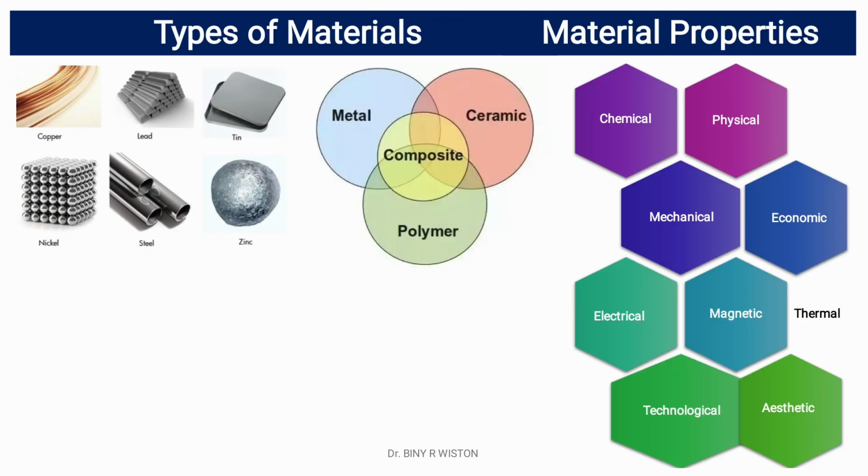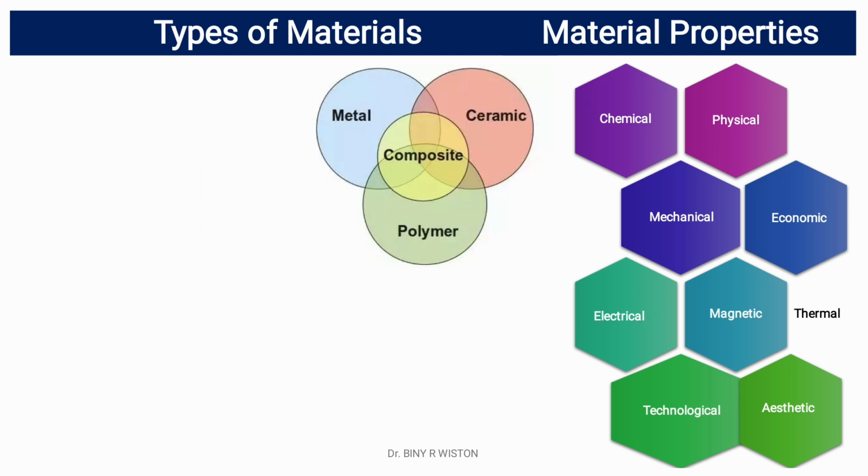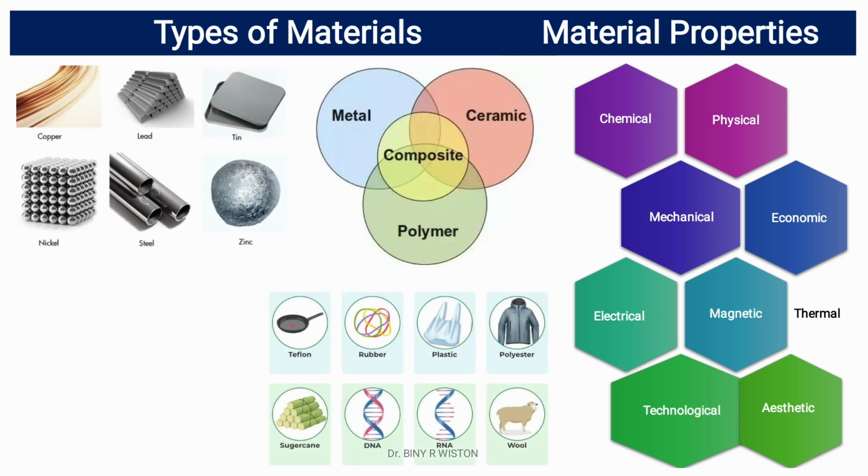Metals are mainly copper, lead, tin, nickel, steel and zinc. Polymers like Teflon, rubber, plastics, polyesters, sugarcane, DNA, RNA and wool are categorized under polymers.